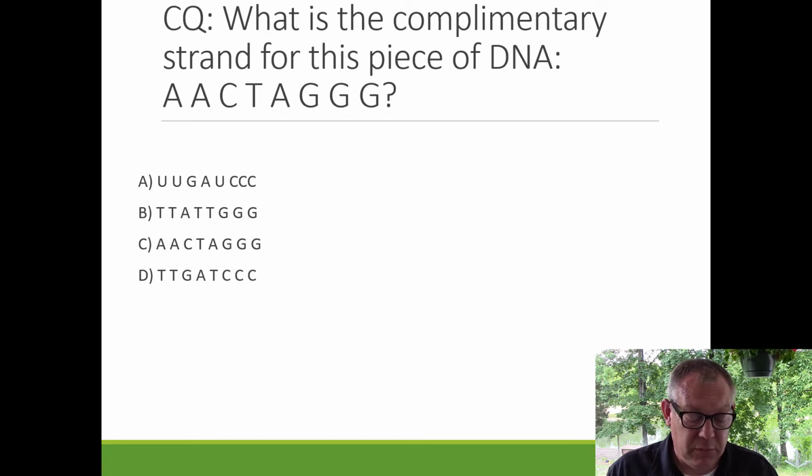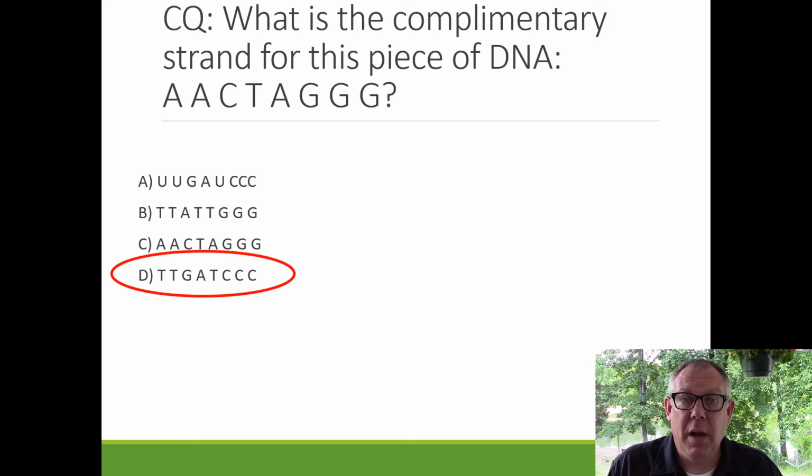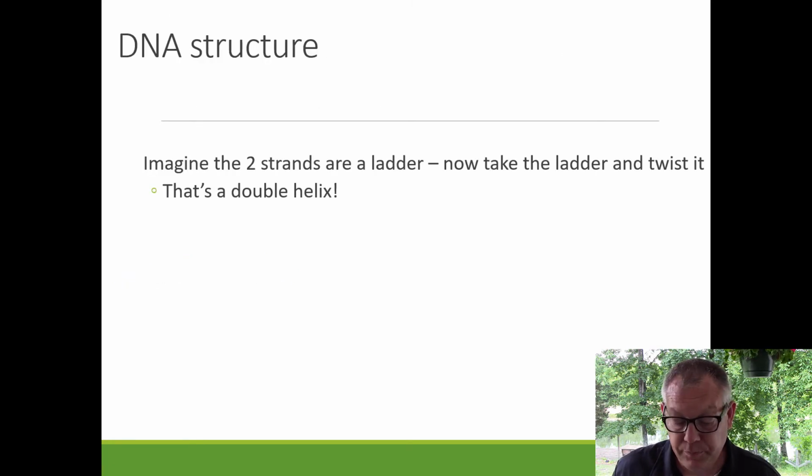So we can rule out choice A, we can rule out choice C. The next nucleotide in our original strand is C, so in the complementary strand, the third nucleotide must be a G, and so that rules out choice B, and then you're left with choice D. Again, by knowing all tigers can growl, you can always figure out the complementary strand.